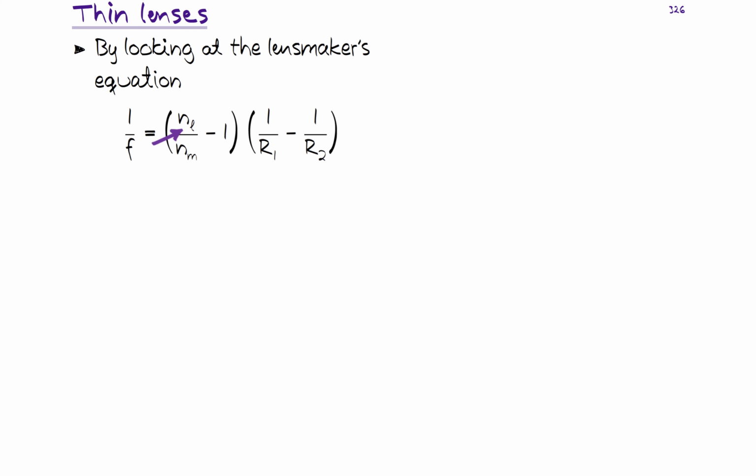I can definitely control the refractive index of my lens, and even more importantly, if I control the radius of curvature of the two interfaces, I can control the front focal plane quite nicely. And this is quite important. I can control the radius of curvature of both interfaces in order to adjust the focal plane of my lens.